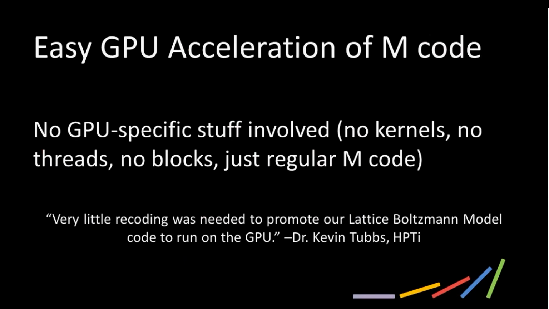Dr. Kevin Tubbs reported that very little recoding was needed to promote his lattice-Boltzmann model to run on the GPU. Again, this is merely because with Jacket, you don't need any GPU-specific stuff. There's no kernels, no threads, no blocks. It's just regular M code that you write to get your job done.